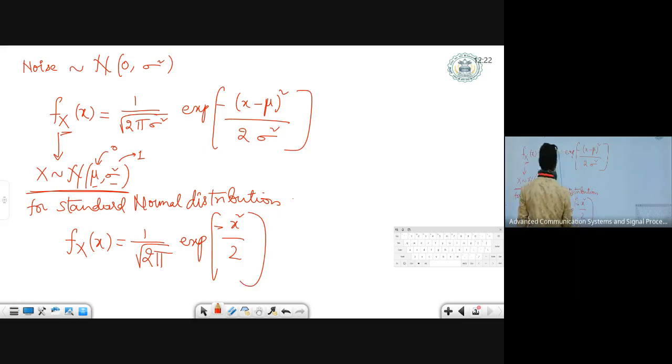This is the equation for the standard normal distribution, which has mean 0 and variance 1. If it is clear up to this point, then it will be okay. So the actual graph will be something like this.